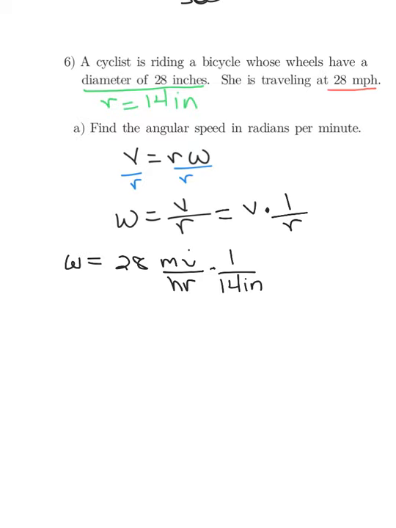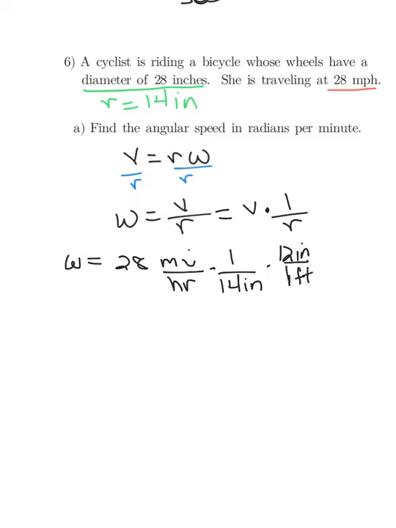We're going to go from inches to feet first. That's a little bit easier. So we know that 12 inches is 1 foot. Currently, inches is in the bottom, so in order to make it cancel, we're going to put it in the top. 12 inches is 1 foot.